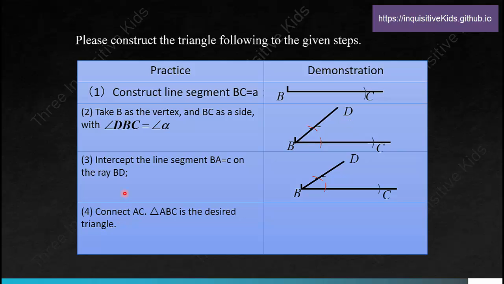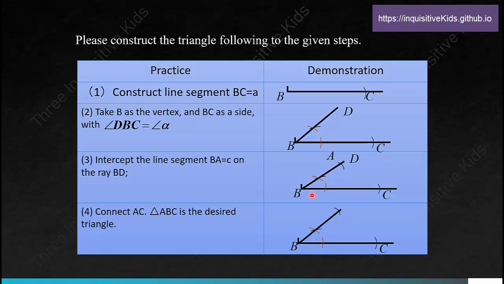So here's step 3. Intercept the line segment BA equal to C on the ray BD. So what does this mean? So on ray BD, we create BA is equal to C. So this is what we have from the last step, and out of that, we already made ray BD. Now, how do we create BA?